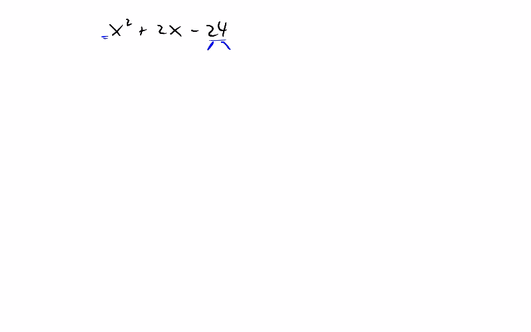So before we start factoring, though, let's consider how this might break into two binomials. Since I have a negative 24 for the last term, I need to have different signs for my binomials. So I need to have a plus and minus sign.